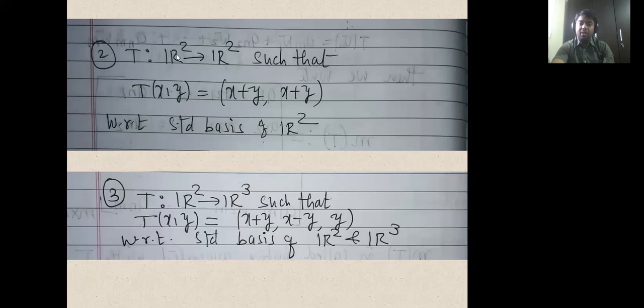You have to fix the standard basis of R2 and the standard basis of R2, and then apply the steps I have given you. So the second and third exercises will be homework for you.